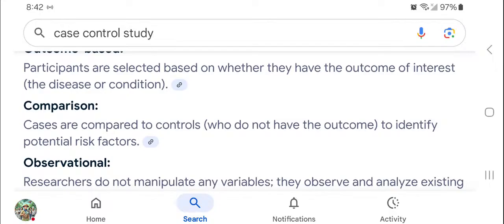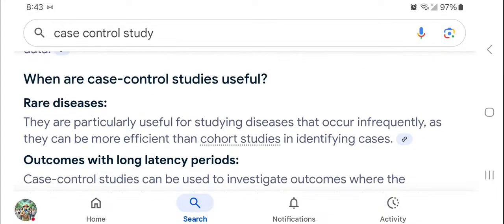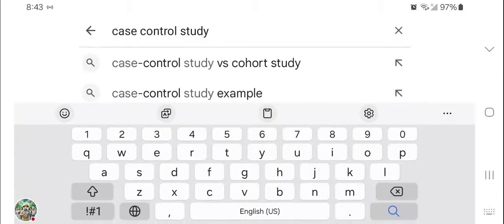Comparison: cases are compared to controls who do not have the outcome, who do not have the disease, to identify potential risk factors. Okay, so like that. Now talk about cohort study.